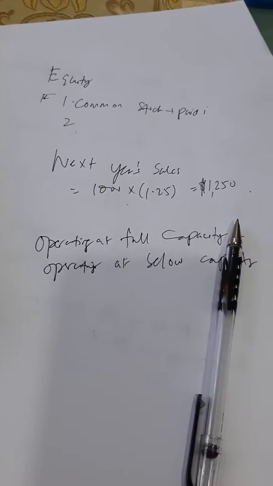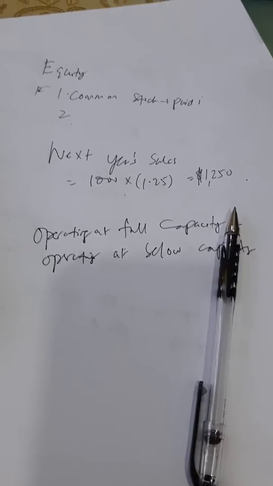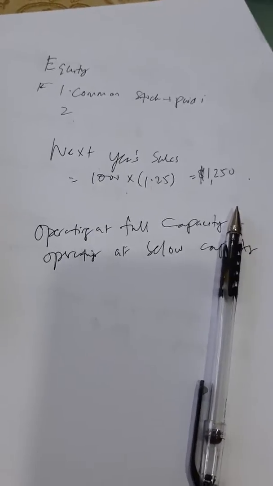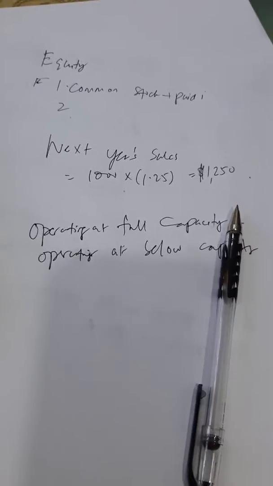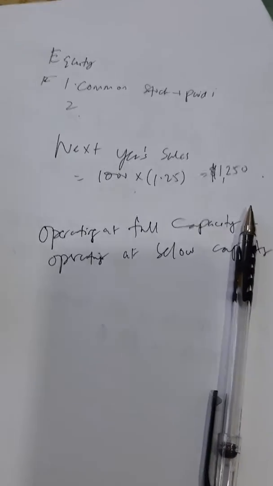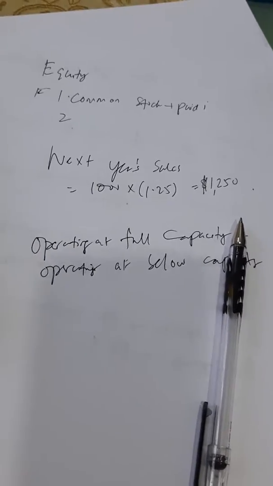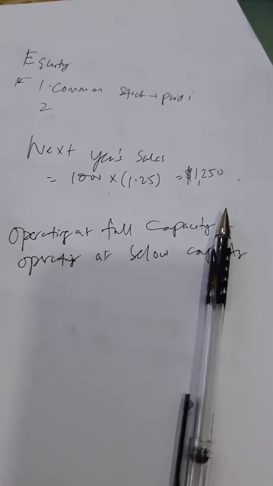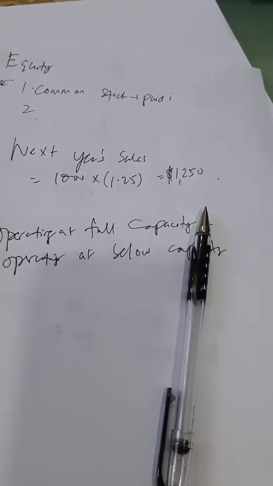Okay, let's say Proton has a factory that is operating at 3 shifts, and each shift can produce, let's say for example, 500 cars. So altogether in 3 shifts, 24 hours, 8 hours per shift, Proton can produce, as I said just now, 500 cars, right?